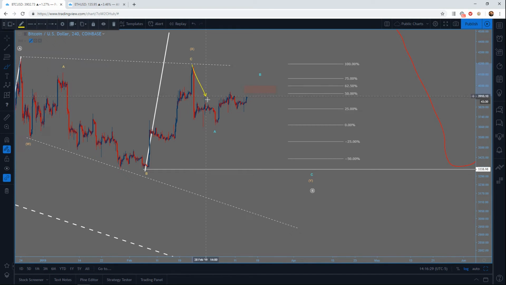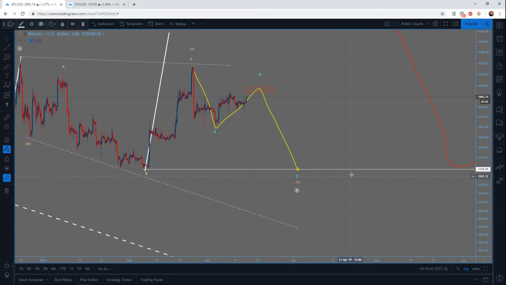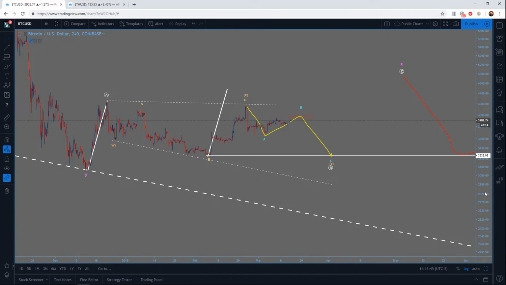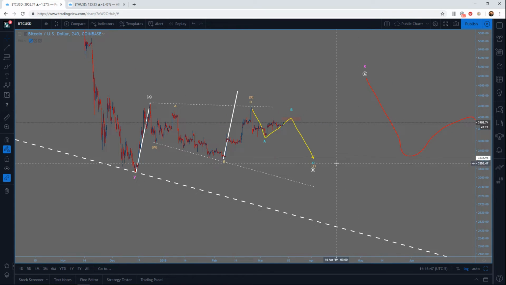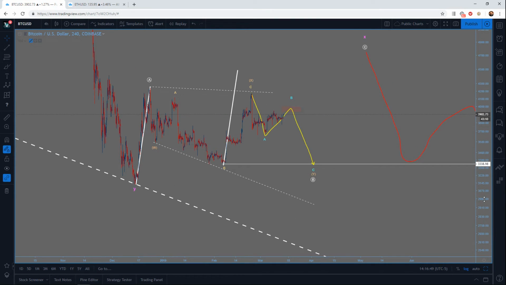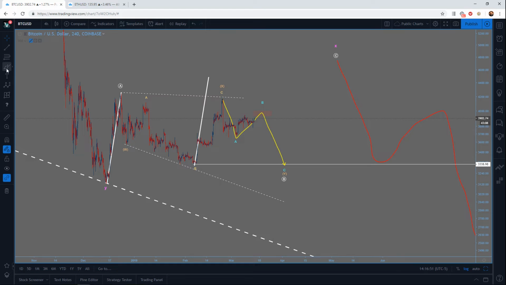I'm looking for something more like this, which is better in terms of time anyway, now that I redrew it. And then I'm looking for a buy-in long. As soon as we take out this low, I'm looking for longs.